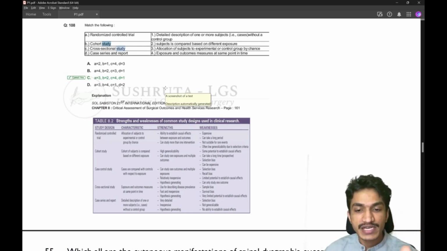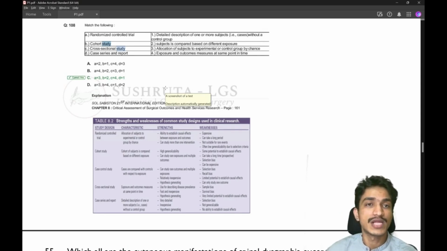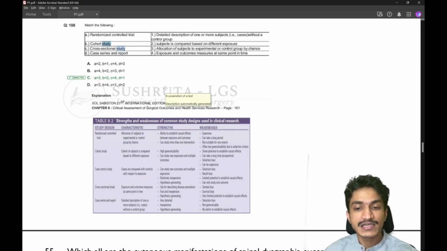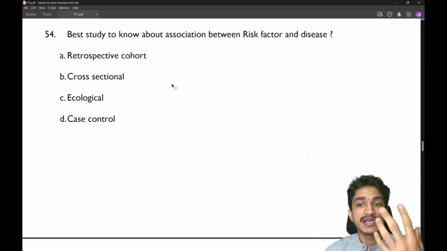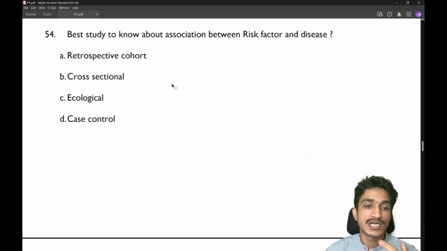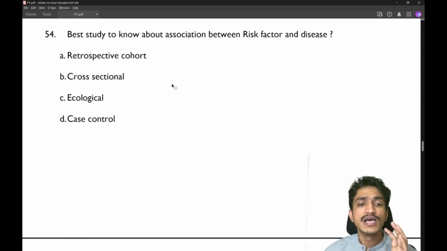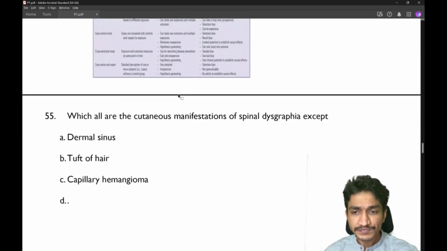Looking at the weakness in both, the cohort has some potential to establish a causal effect, that is, the disease occurring due to the risk factor, and case control has limited potential. So according to me the answer should be cohort study. Some of you are saying ecological, but I don't think ecological is the answer. I would suggest it is mostly cohort study in this case.